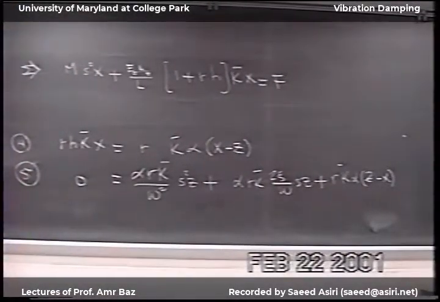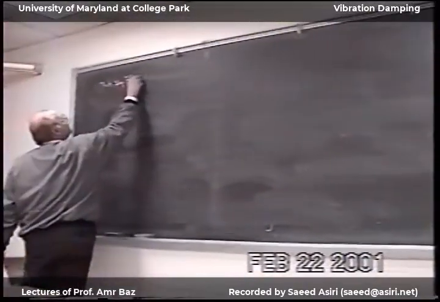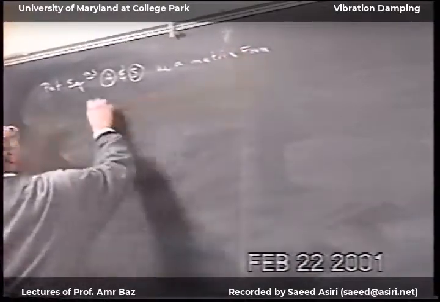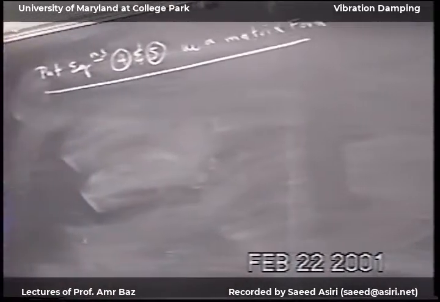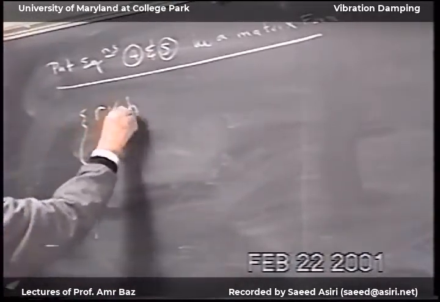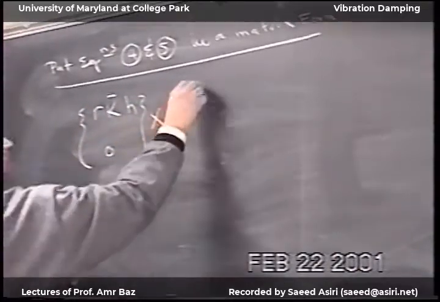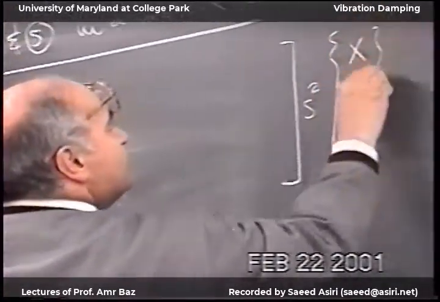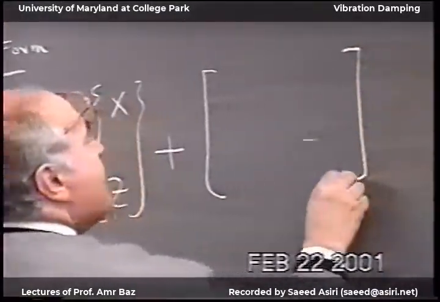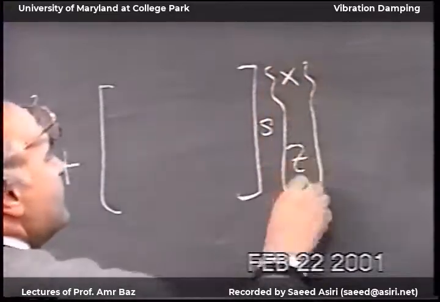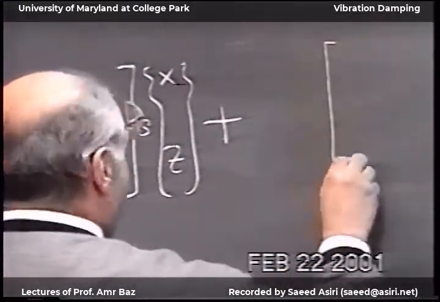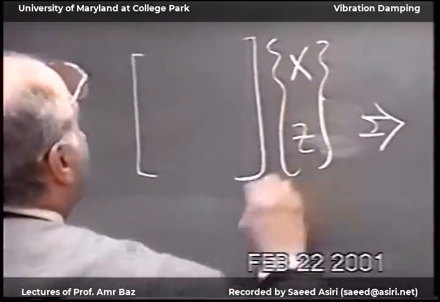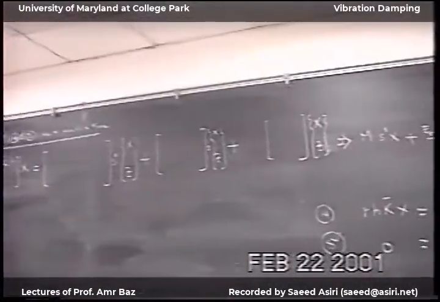And I'm going to put these in a matrix form. So we'll have R K and 0, and X and S squared X and Z, another matrix S X and Z, and then another matrix X and Z. So the first matrix is done.